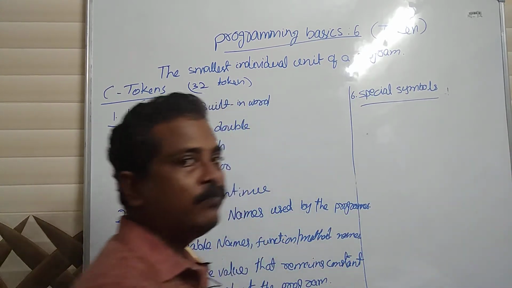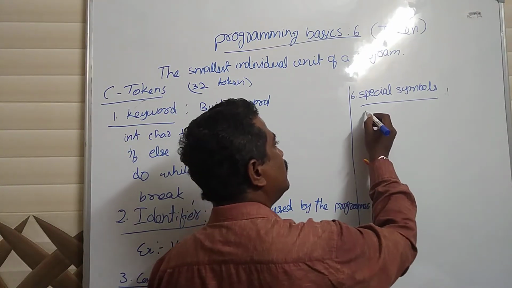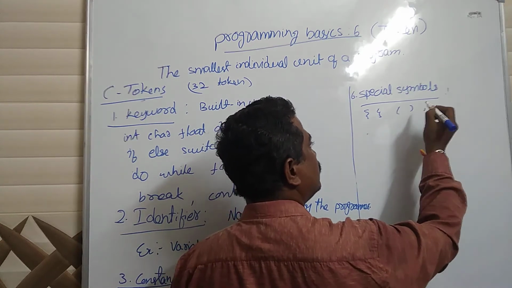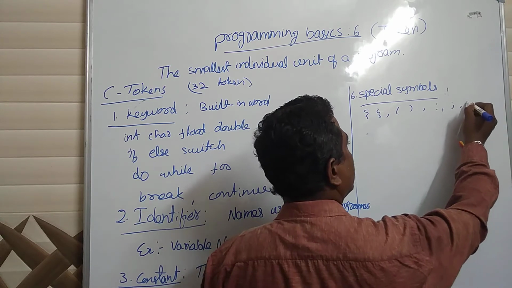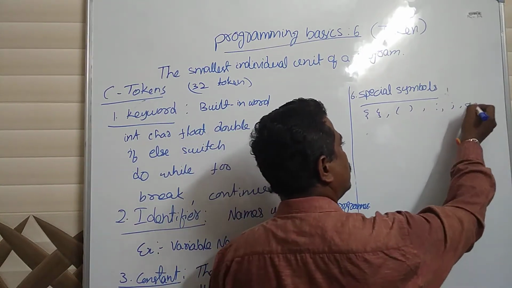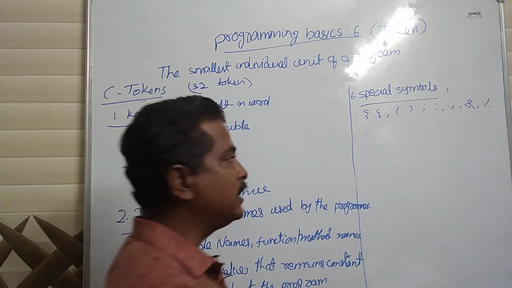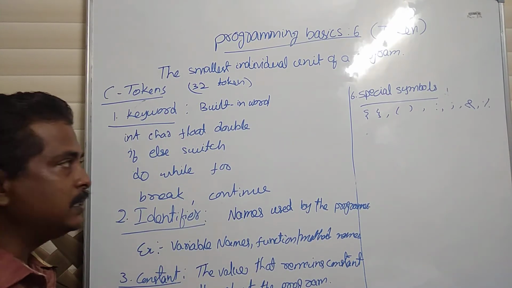But in other languages, see, we are using curly bracket, parenthesis, colon, semicolon, all these things we are using, ampersand, percentage, whatever special symbols we are taking, those are coming under the special symbols, or you might have special characters.